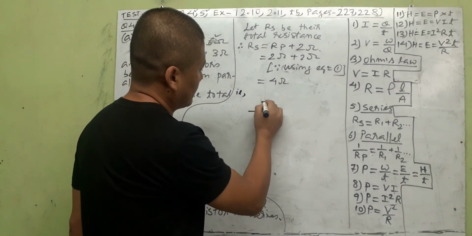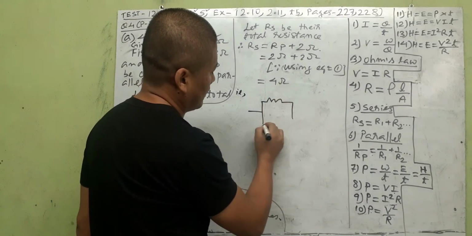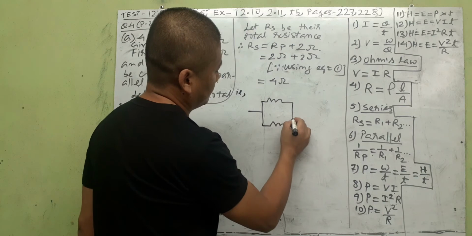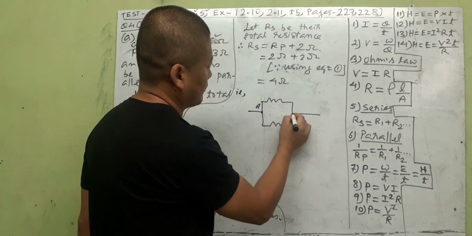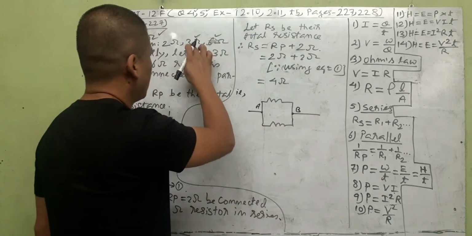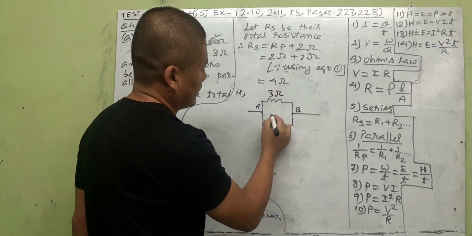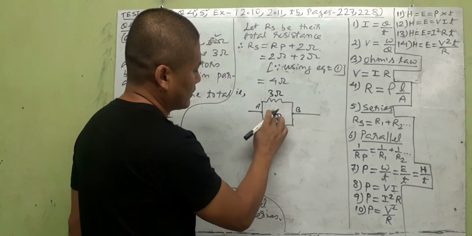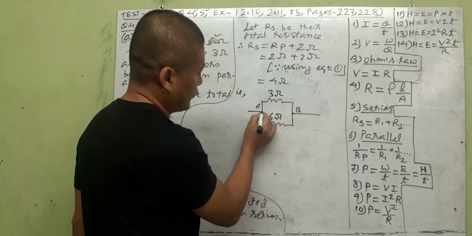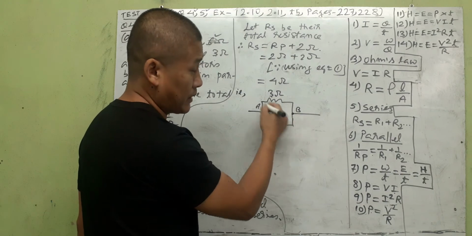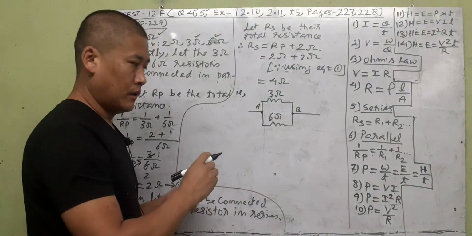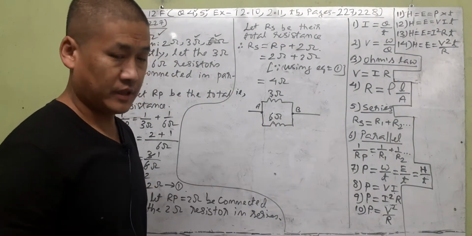Parallel means 1, 2 of them between the same 2 points. So this is point A, let us say, and this is point B. The 3 ohm, 6 ohm we connected in parallel means their starting point is A for both, and the ending point of the two resistors is B. Same beginning point, same ending point. If they're joined like that, that's parallel.